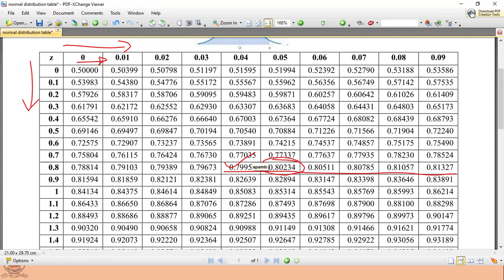Okay, so if that is done, then we can now circle this and then trace it upwards, trace it to the left, and then read those two values, add them together. So we have Z is equals to 0.8 plus 0.04, and that will give us 0.84.